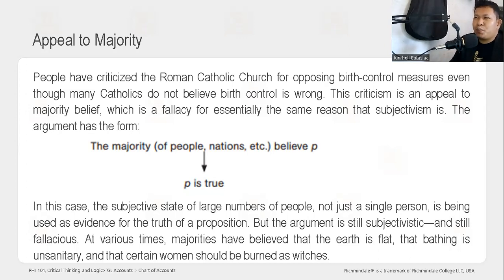So if you just hear from many people that this baby is a boy, even if you cannot verify the fact yourself, the majority says so. So maybe you can conclude, yeah, maybe that's true because they agreed.